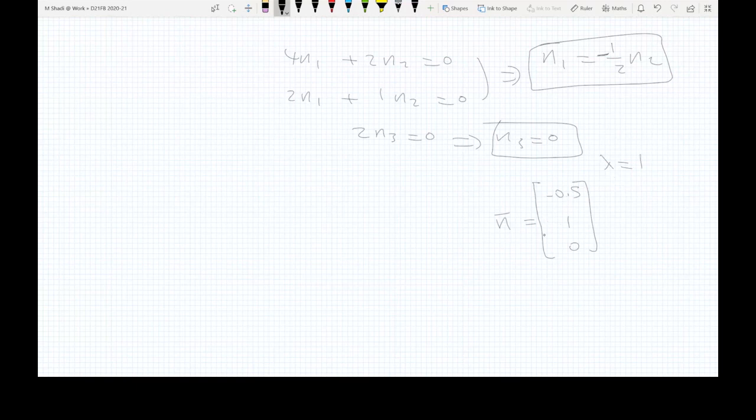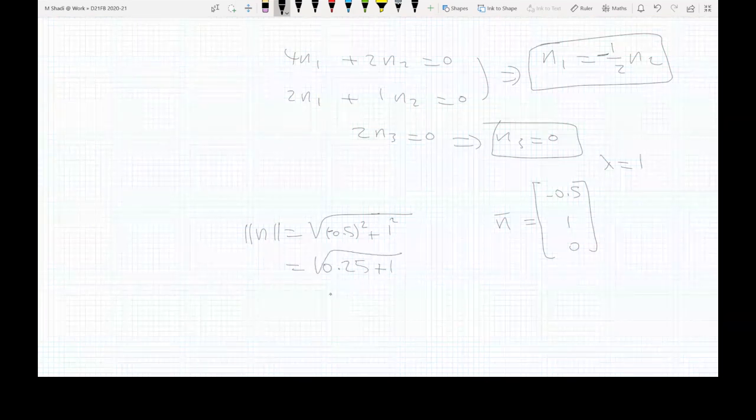Again, I'm just going to find the length and divide by the length. So the length of n is equal to the square root of negative 0.5 squared added to 1 squared. So it is going to be 0.25 added to 1, square root of that.